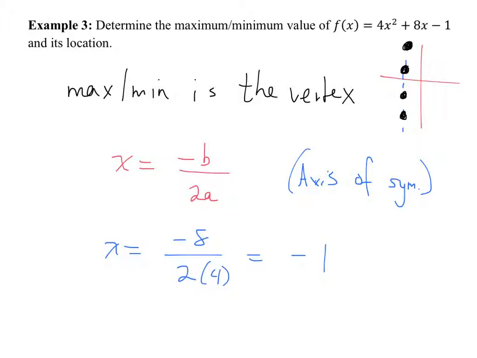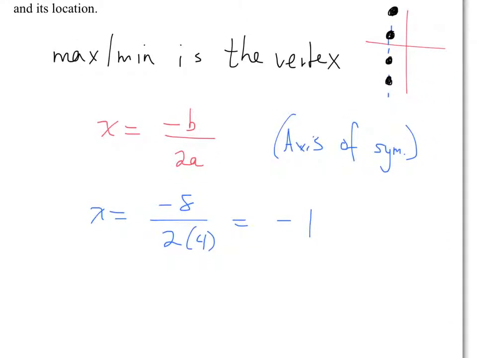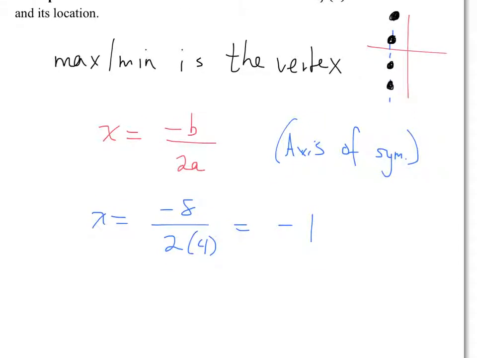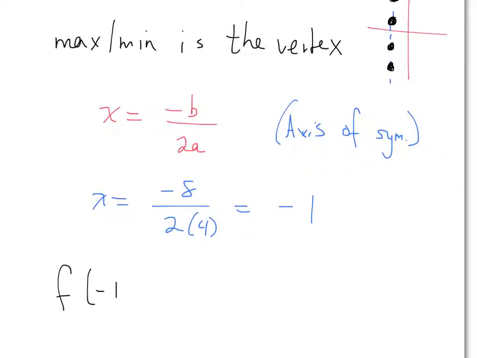Let's do f of negative 1 now to get the y coordinate. And we're going to look at whether a is negative or positive now. That'll tell us whether it's a max or min though, right? It doesn't actually give me the height. So we want to figure out the height. So let's go ahead and do f of negative 1 to get the y value. Remember, when you plug in the x value, what you're getting is the height of the function, or the value of the function, or really just the y coordinate.